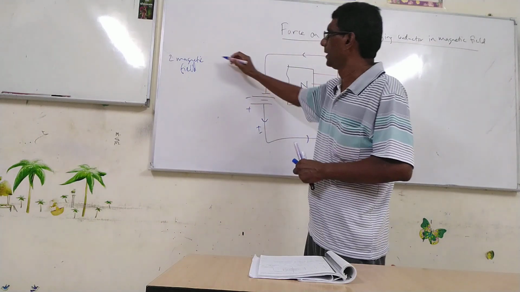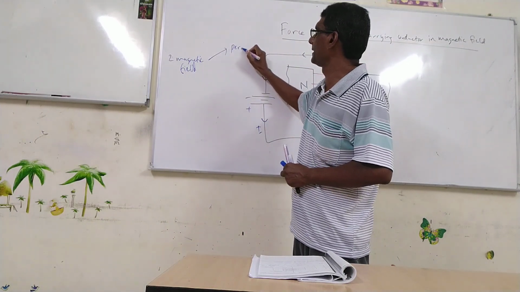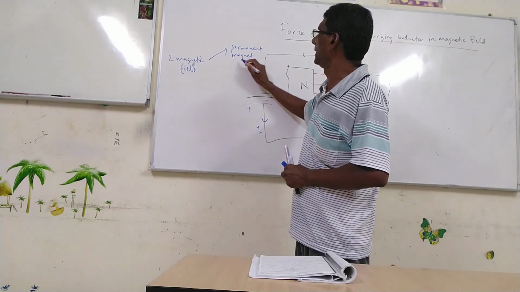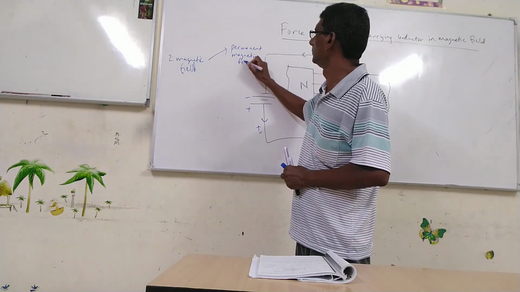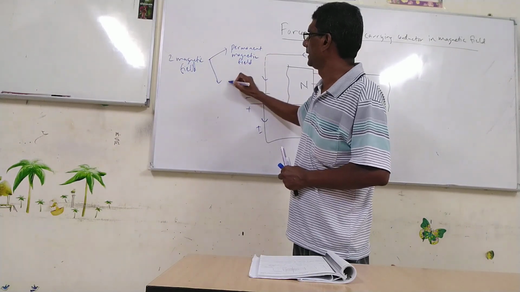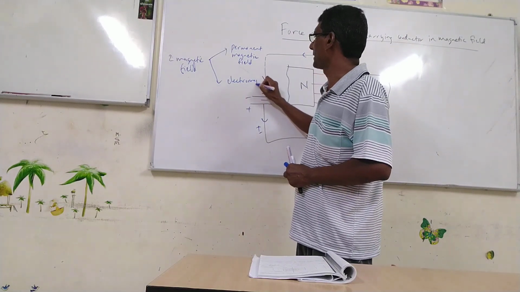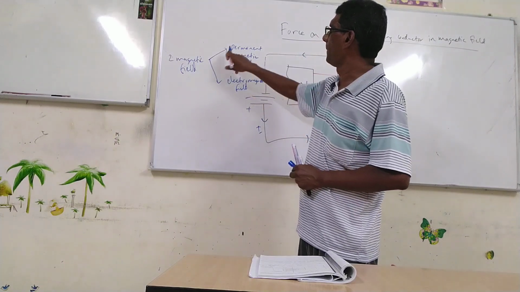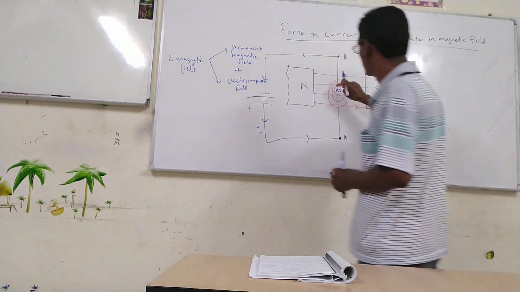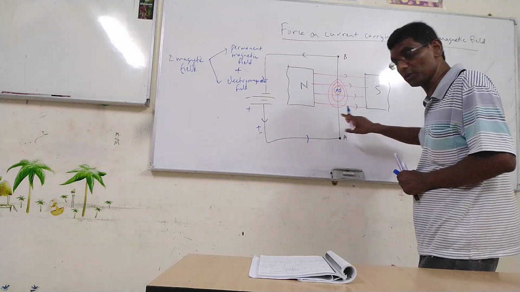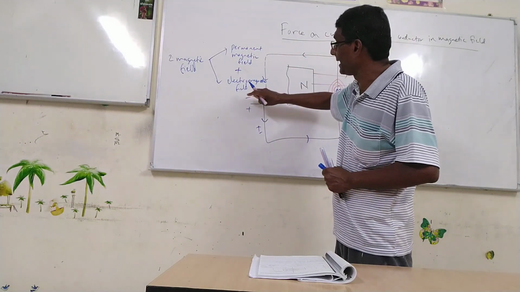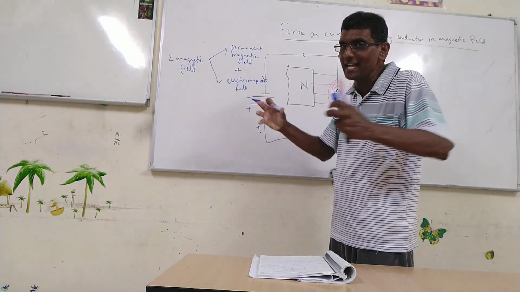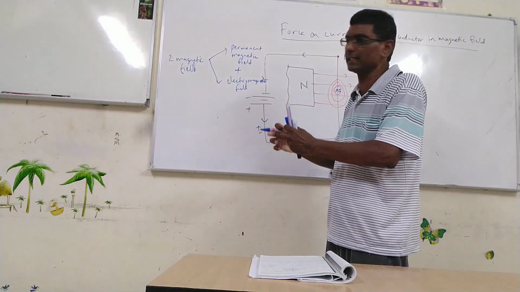Two magnetic fields: the permanent magnetic field and the electromagnetic field, in the same place. When the permanent magnetic field and electromagnetic field combine together, what do they produce?